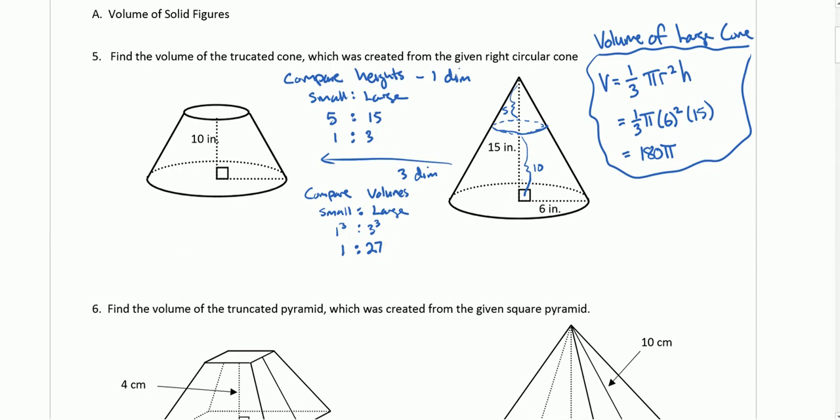So that tells me that the volume of the larger cone is 27 times bigger than the volume of the smaller cone. So we can quickly get the volume of the smaller cone by taking the volume of the larger cone. I'll put V with a little s for volume of the smaller cone, is the volume of the larger cone, 180 pi, divided by 27, because it's 27 times smaller.